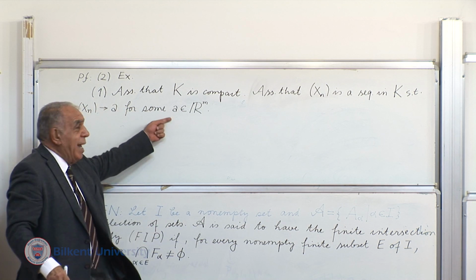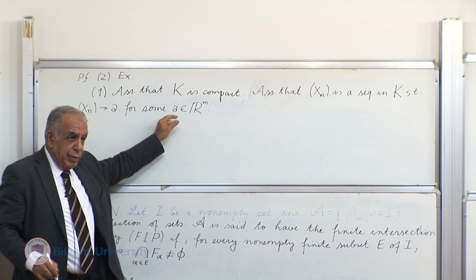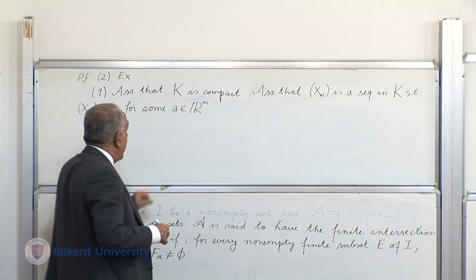Now we should show that A is in K. That'll complete the proof of closedness of K.